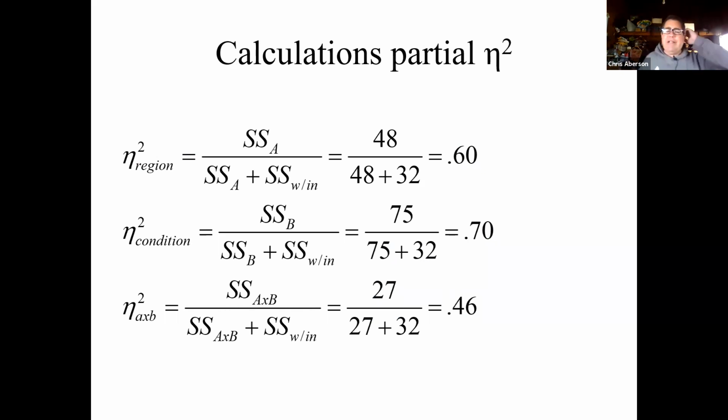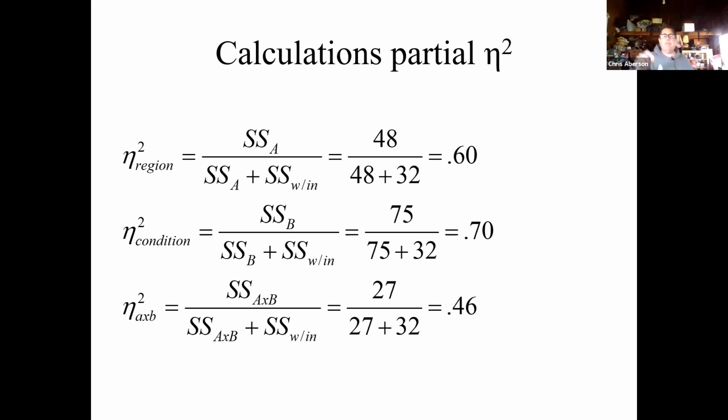All right, calculations of eta squared. This is a little different. We are using something now called partial eta squared, and I'll talk about this in more detail in a little bit. And you can see what we do with partial eta squared. It's not over sums of square total as it was for eta squared. It's over the sums of square for the effect plus the sums of square within.